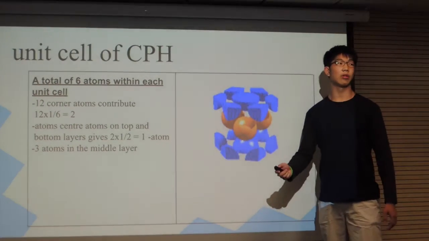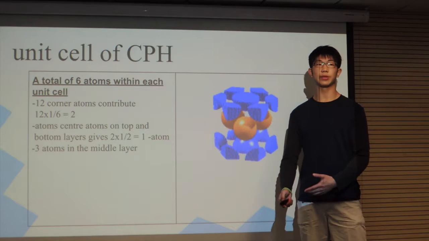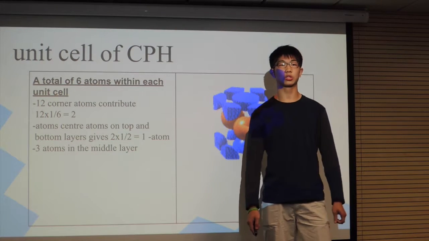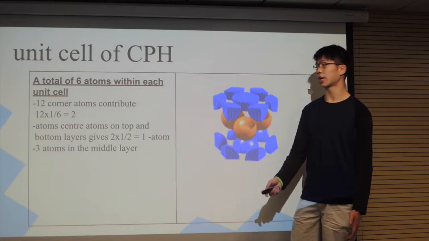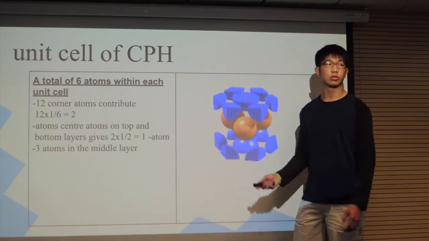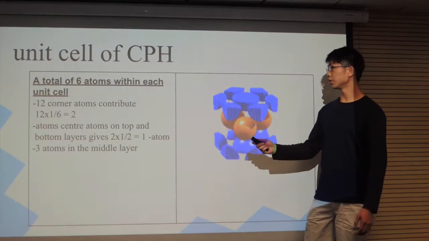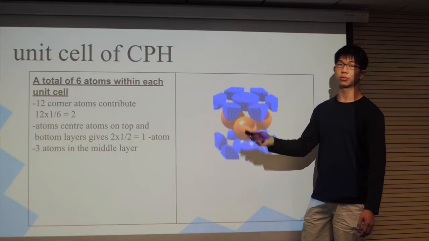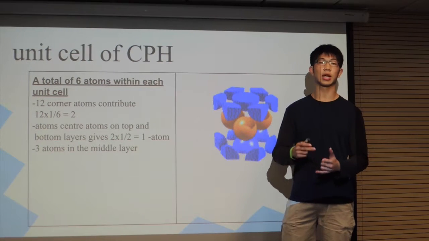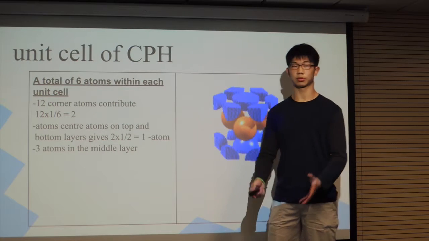So this is the unit cell of CPH. Within every unit cell of CPH, there will be a total of exactly 6 atoms. So how do we calculate 6 atoms? Firstly, we consider the corner atoms. There are 12 atoms lying on the corners, so it has to be multiplied by 1/6 because only 6 hexagonal close-packed structures can form one single compact structure.